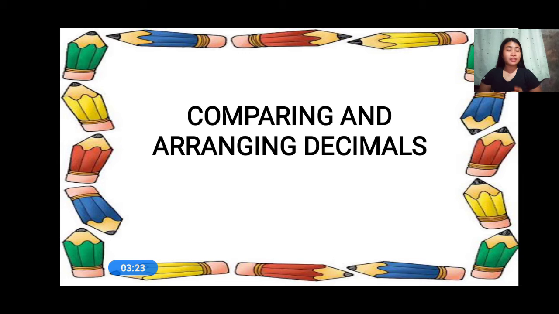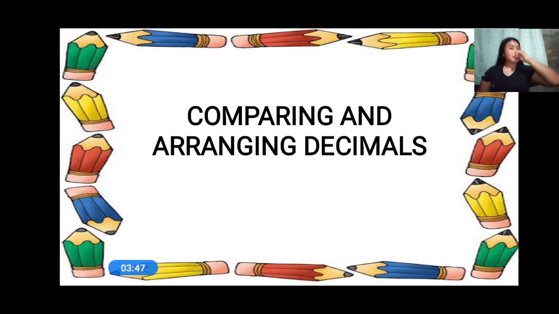Do you understand? So can you give me an example of a decimal? 0.01. What else? 0.1, 0.15. So today, we are going to talk about comparing and arranging decimals. So are you ready to listen? Okay, so if you are ready to listen, sit up straight.